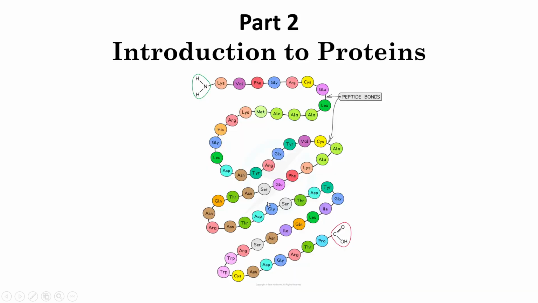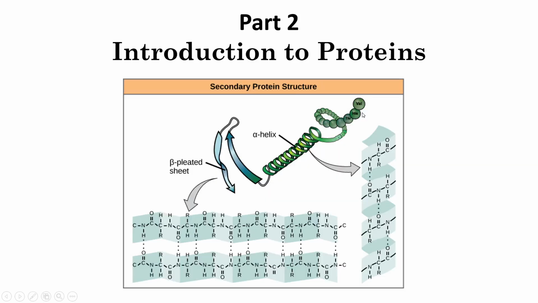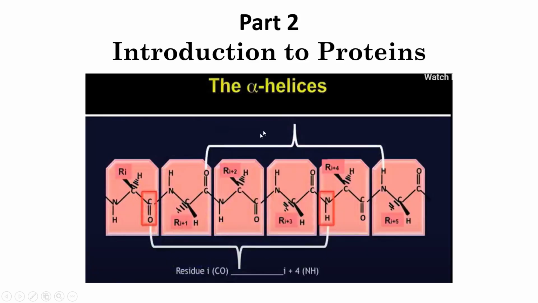Then coming to structure, the linear amino acid sequence itself is called the primary structure of a protein. Then secondary structure: if it forms a helical structure, it's called alpha helix, and if it is a pleated structure, it's called beta pleated structure. They are formed by a bond between the first amino acid and the fourth amino acid.